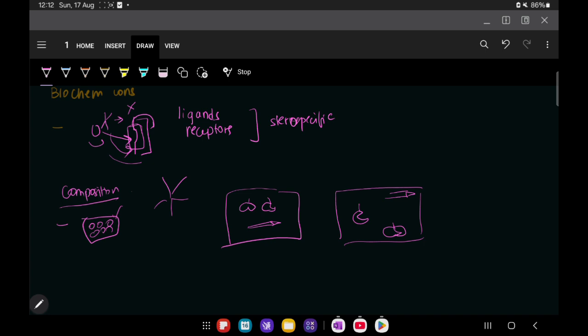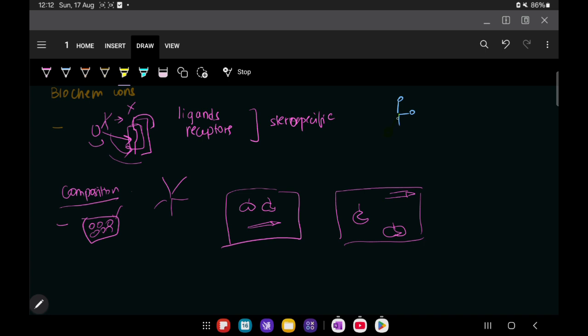So the same composition can have different configurations, and that would bind to different receptors, right?